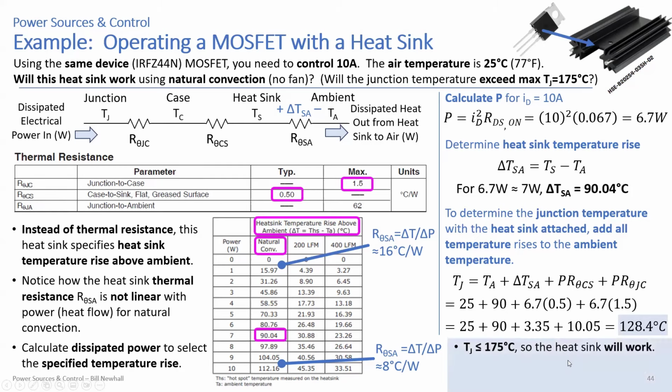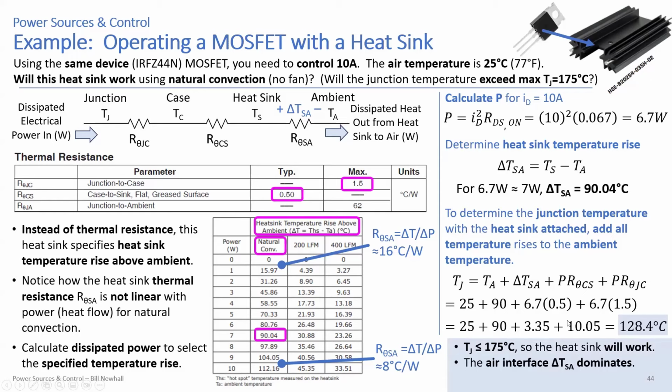Okay, so this junction temperature is less than 175, less than the maximum junction temperature allowed for this device. So the heat sink will work, even with natural convection, without a fan. And notice that the air interface dominates. Look at the factors here. You have these deltas, 90, 3.35, 10.05. That sink to air temperature difference is what's dominating here.